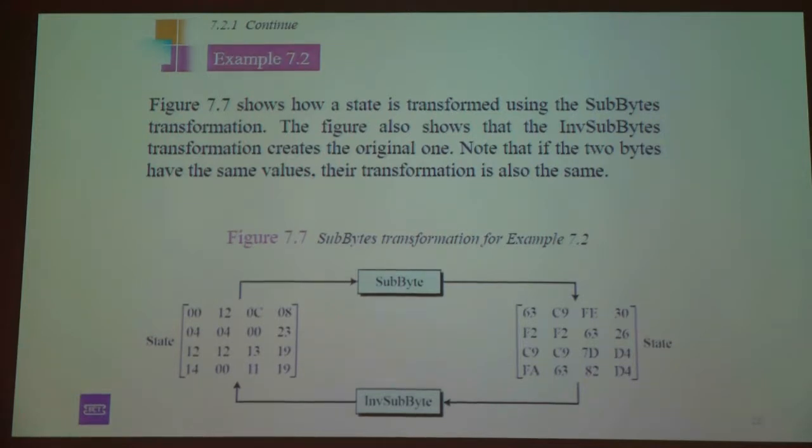So as you see, for example, 04 was transformed twice to F2 and F2. Why? Because it's the same table, all right? So that's what we do.